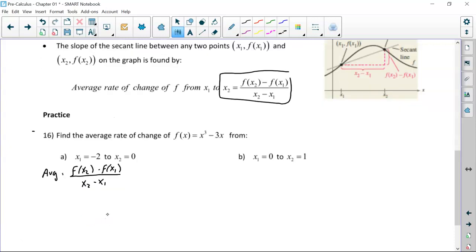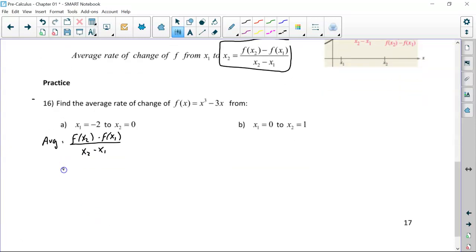That's the equation we're going to use. So to do that, we're going to substitute into this x cubed minus 3x. So it's going to be f of x sub 2, so that's our f of 0 minus f of negative 2.